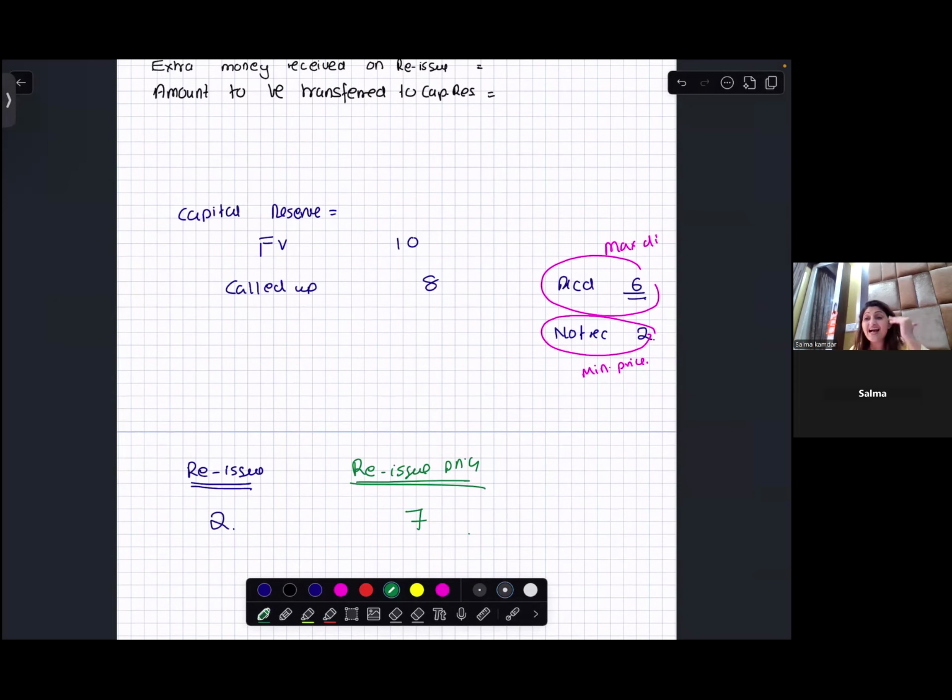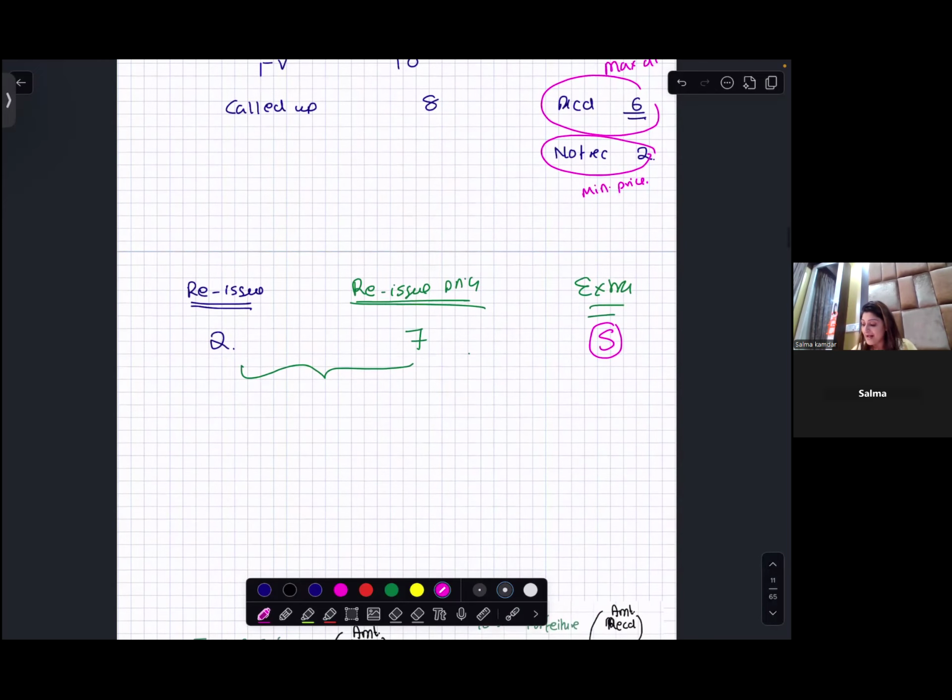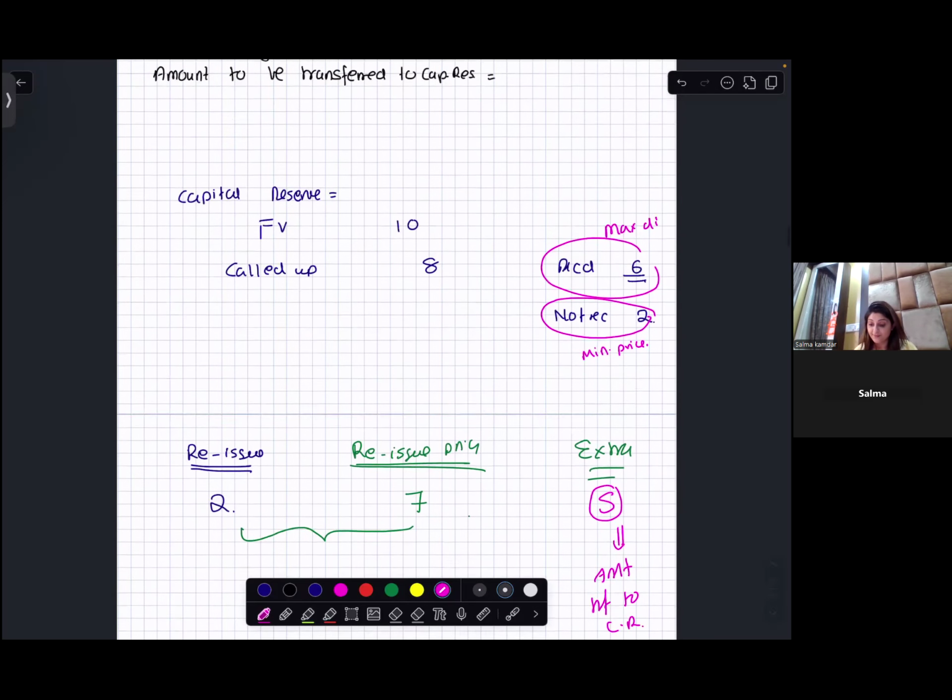You reissued at a higher price. That means you have got something extra on reissue. 7 was the reissue price, but you wanted only 2 because you forfeited the shares for not receiving rupees 2. So you still got extra profit of 5 on reissue. This 5 is the amount that has to be transferred to capital reserve.